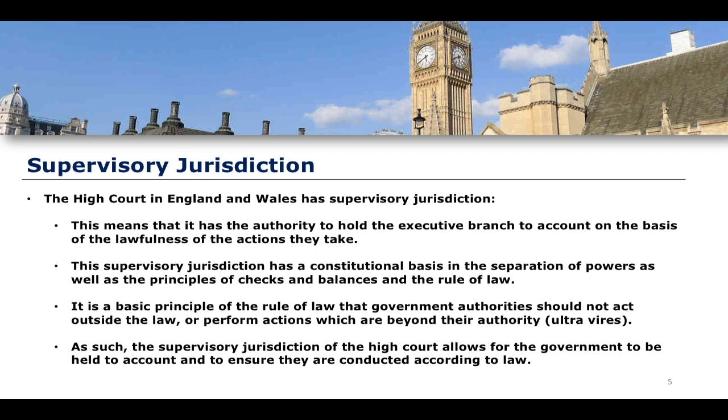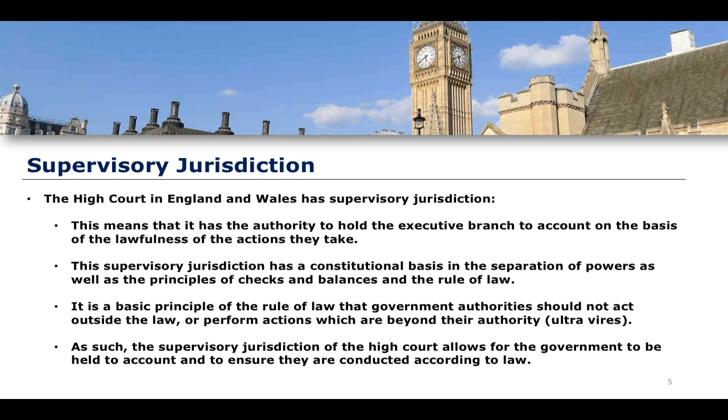They may have a certain amount of authority and discretionary power that has most often been enshrined onto them through statutory or delegated legislation. And so if they act beyond what is prescribed to them through delegated legislation or through statute, then they are seen to be acting ultra vires.